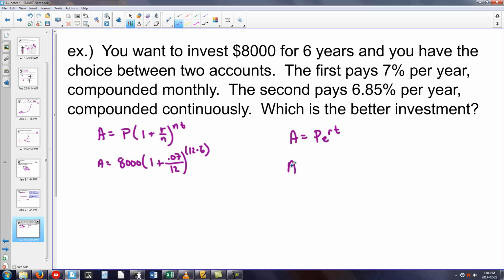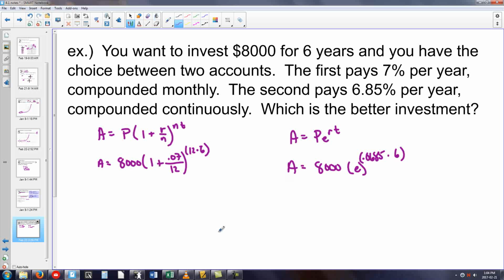We'll figure out what that is here in a second. Over here, we'd have our 8,000 times e raised to the r, which is 0.0685 times my time, which is 6.